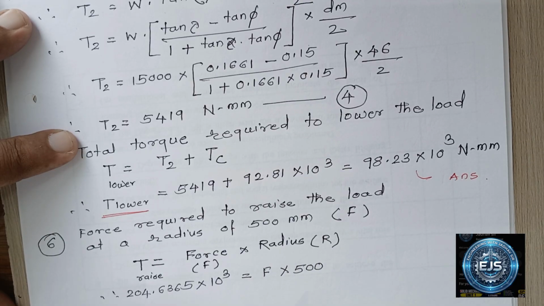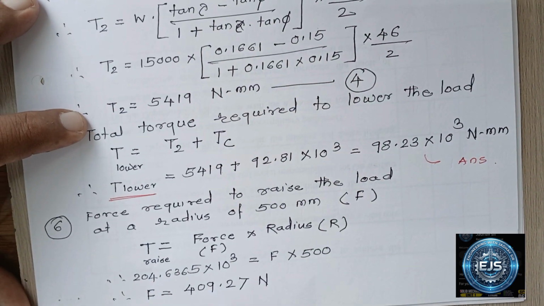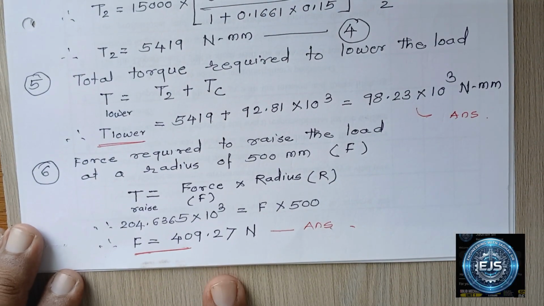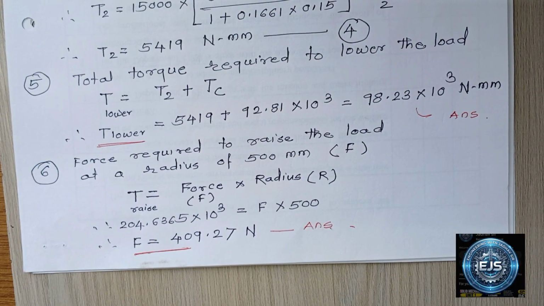So we get F is equal to 409.27 Newton. This is the third answer for this problem: force required to raise the load at a radius of 500 mm is 409.27 Newton.